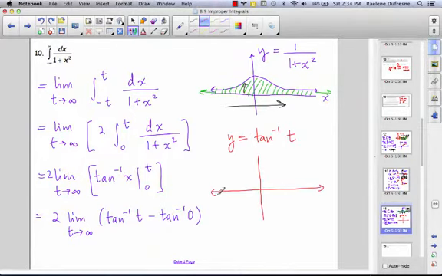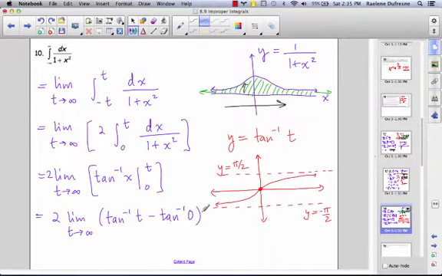The function has horizontal asymptotes wherever the tangent graph had vertical asymptotes on the restricted domain. Namely, these are y equals positive pi by 2 or y equals negative pi by 2. The graph passes through the origin and is an increasing function, increasing but bounded.